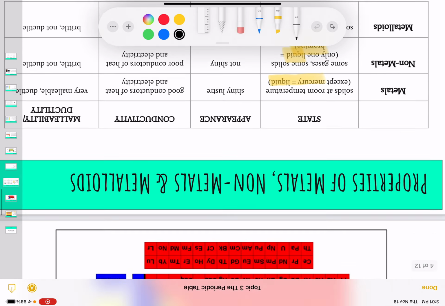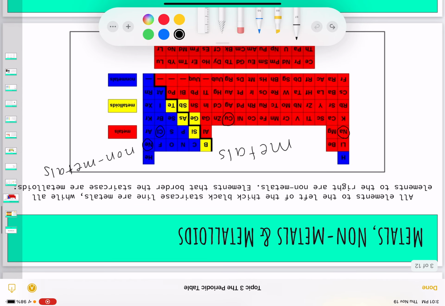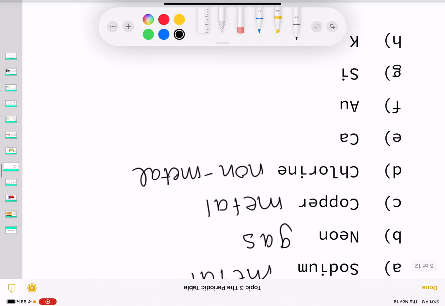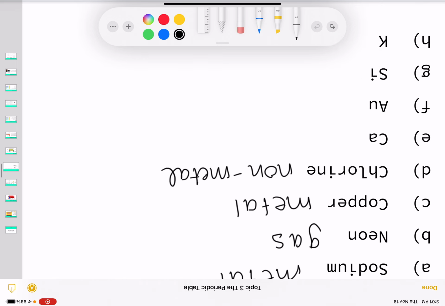Ca, that's calcium. So right here, calcium is a metal. And that might seem weird to you, to think, oh, calcium is a metal. It's not our typical definition of a metal. When we think of metals, we think of something really shiny and something that might not be quite as crumbly.